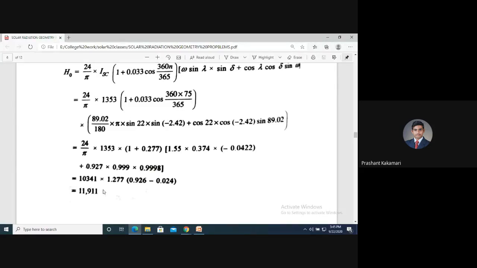So one of you can unmute and tell me why that omega is multiplied with pi by 180. And all the angles are substituted with sine phi, sine delta, cos phi, cos delta, and sine omega as it is. And what is the unit of this extraterrestrial radiation, H naught? 11,911. And what is that unit?